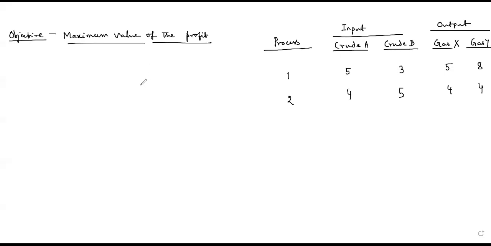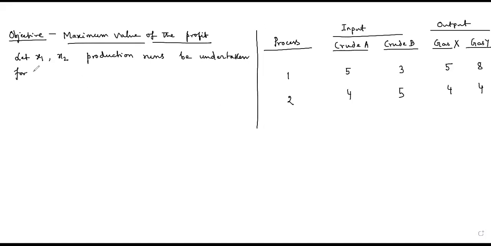It is written the profits per production run from process 1 and process 2 are this and this. So we do not know how many production runs we have to consider. So we will write: let X1 and X2 production runs be undertaken for the two given processes.